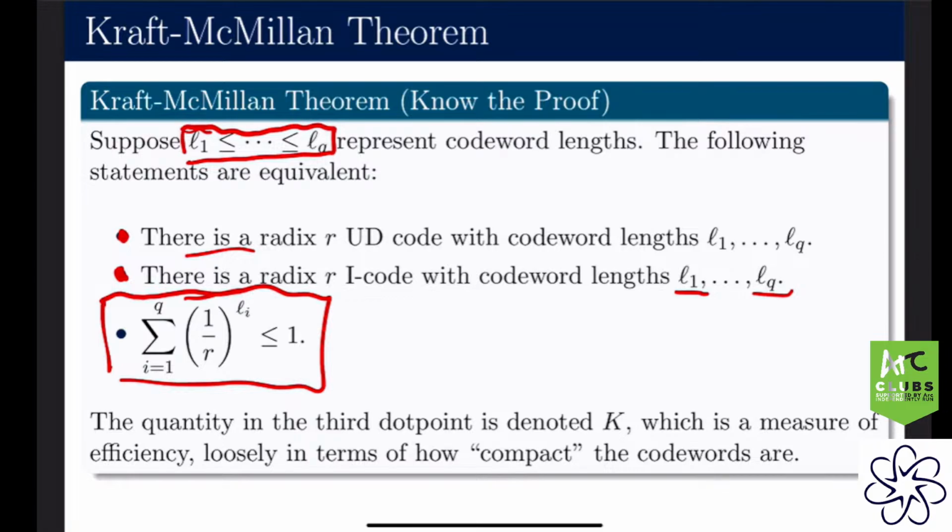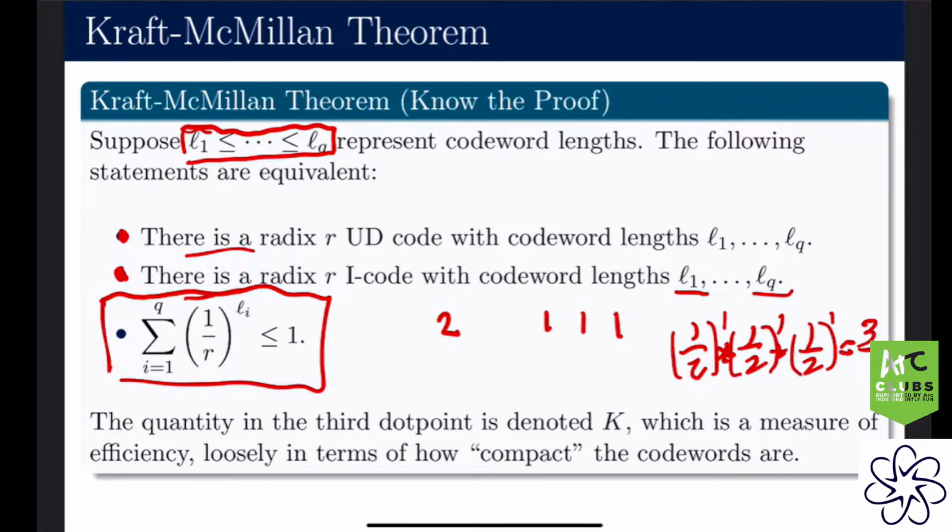Very loosely, what this statement says is that our tree diagram has to be less than full. So I'll give a quick example. Let's say we were dealing with a radix 2 code, and we wanted to have 3 code words, all of length 1. Well, this sum will look like 1 on 2 plus 1 on 2 plus 1 on 2, all to the power 1.